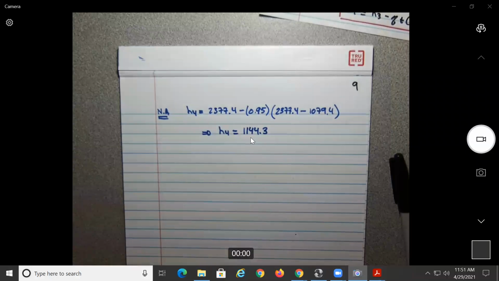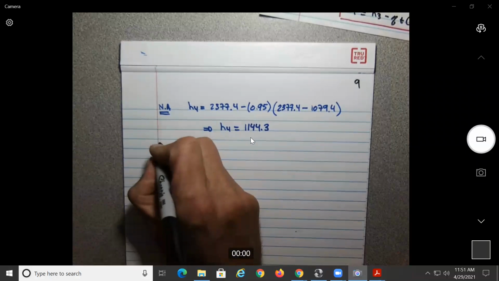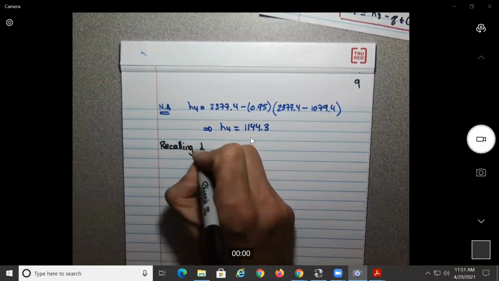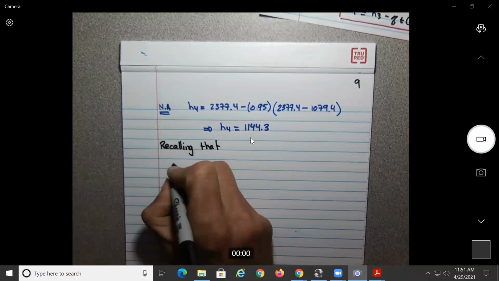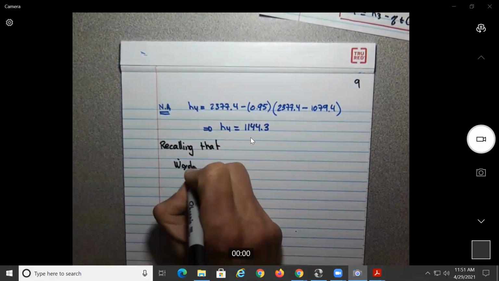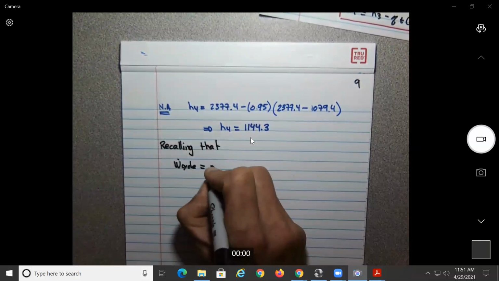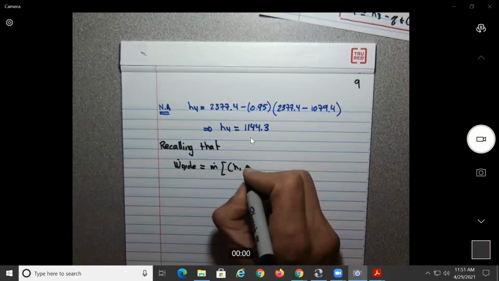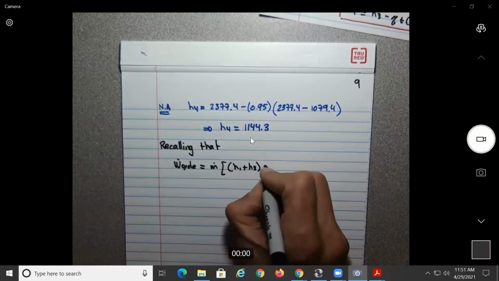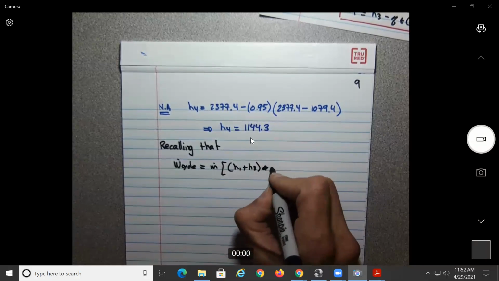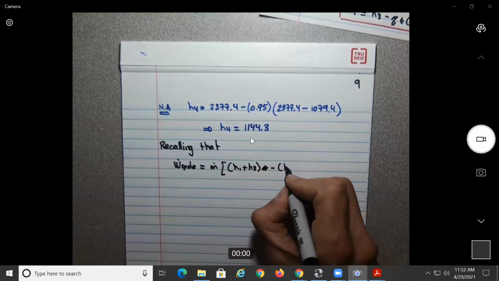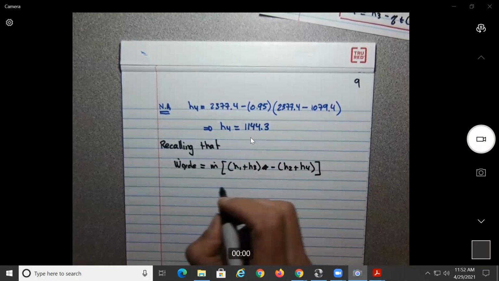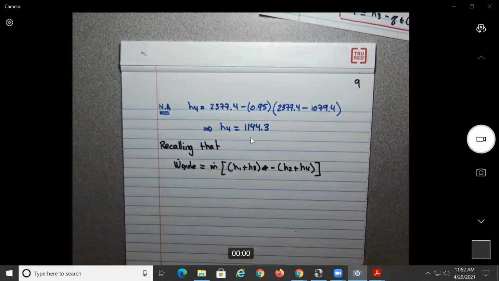So let's write, recalling, that the total power of the cycle will be equal to m dot times H1 plus H3 minus H2 plus H4. So this will give us what?